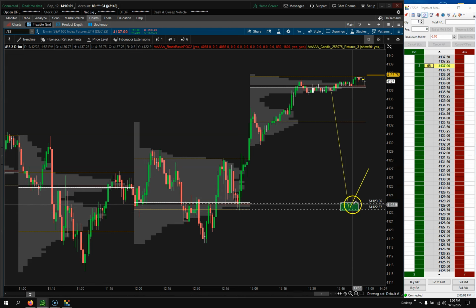But where my risk is, hey, I know we're at a support level. Odds of us bouncing are very high, because of a naked point of control and also value area low below.